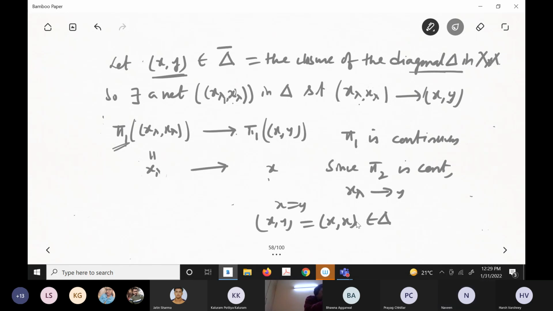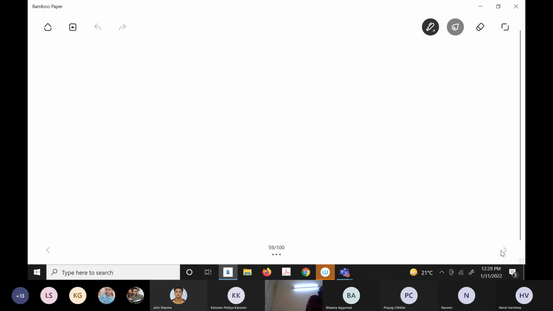Now C implies A. The diagonal is closed. That is very important.